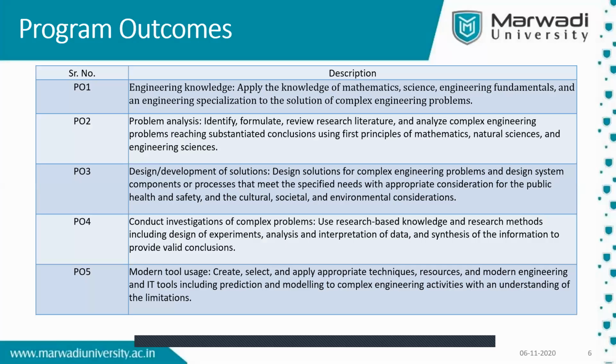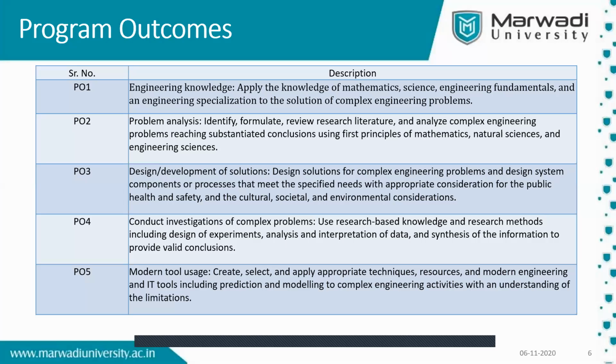Now, we have an engineering 4-year graduate program, which can achieve different program outcomes. The meaning of program outcome is that once you complete your engineering, these are the abilities and skills you have.